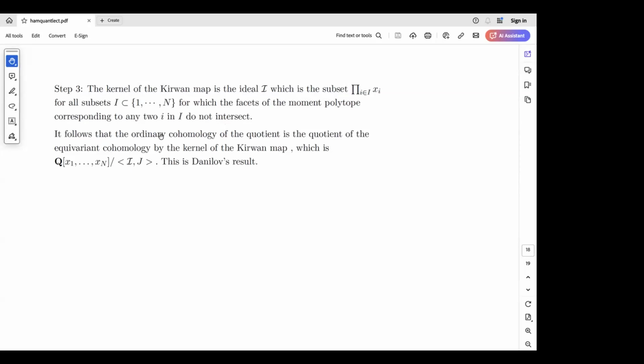So it follows that the ordinary cohomology of the quotient is the quotient of the equivariant cohomology by the kernel of the Kirwan map.